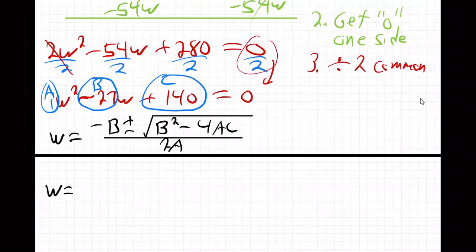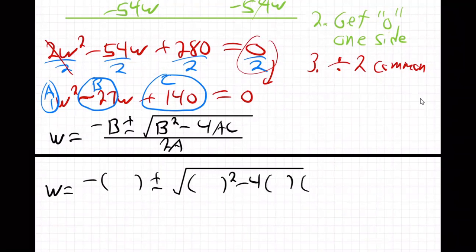So here we go, negative b plus or minus the square root. These problems are kind of long, aren't they? B squared minus 4 times a times c, all over 2 times a.